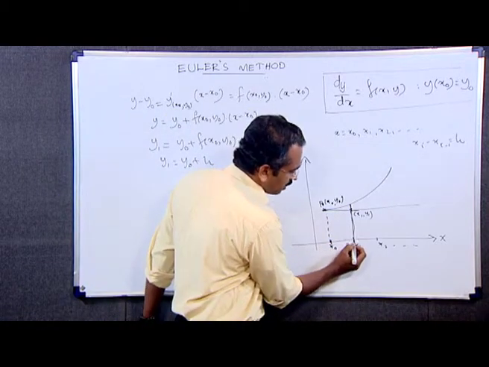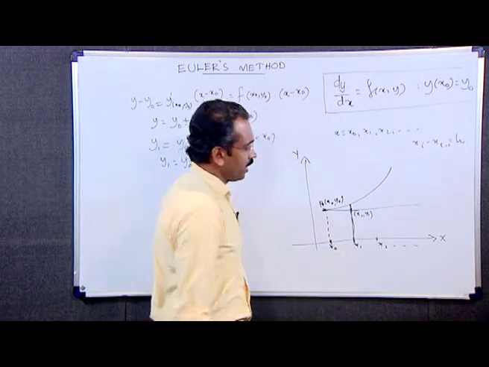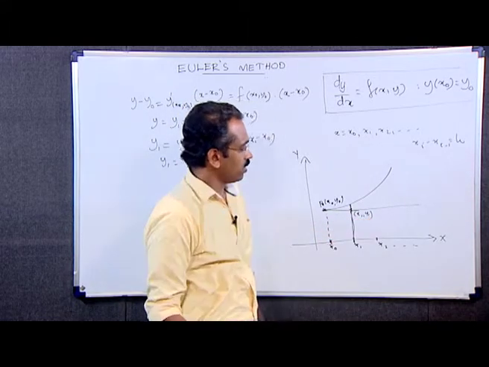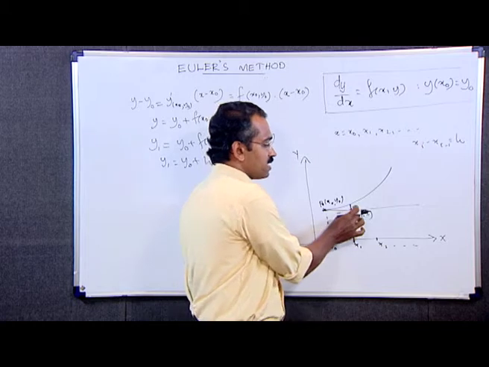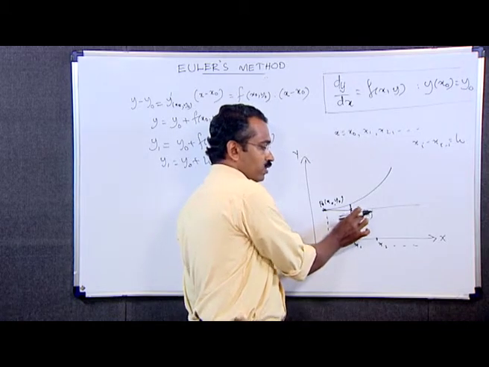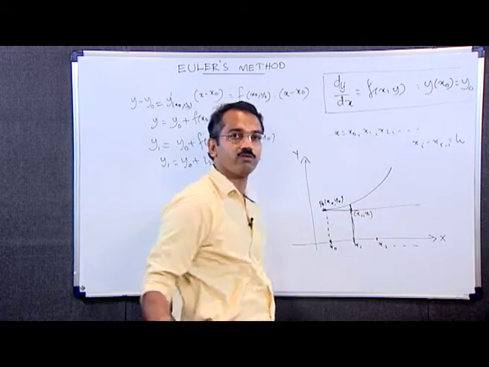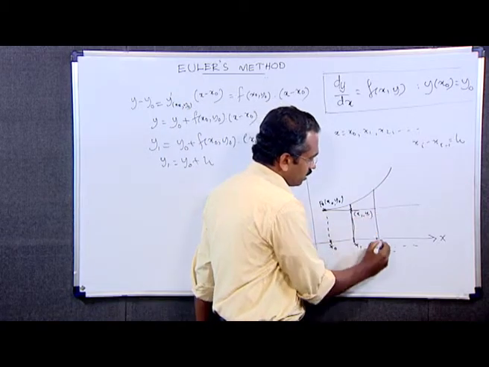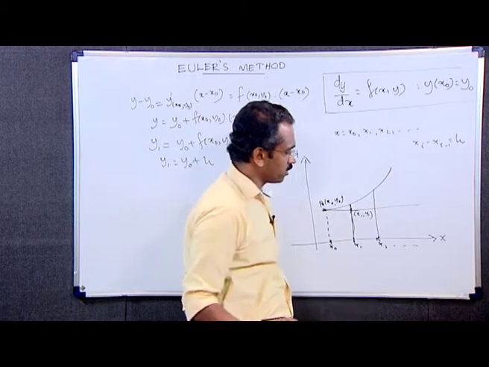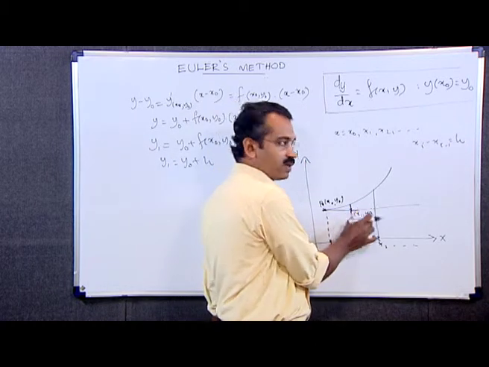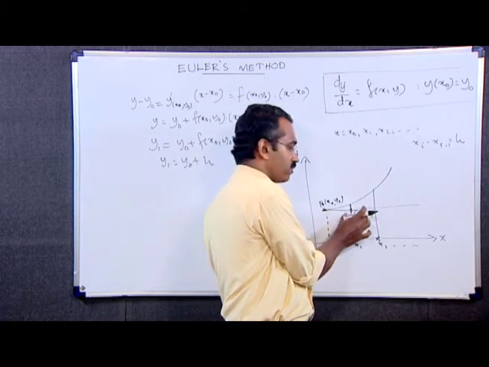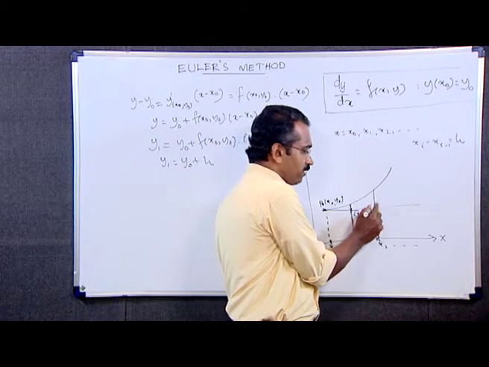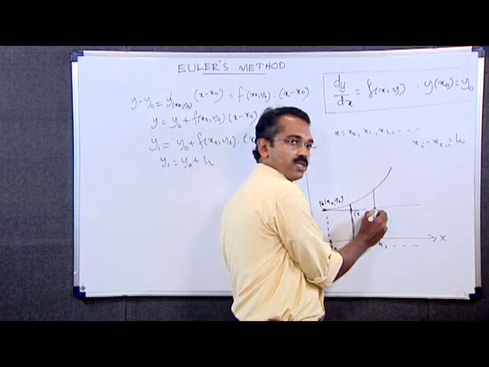Similarly, consider this interval and we evaluate f of x 1, y 1. Then we draw a tangent, a line through x 1, y 1 having slope f of x 1, y 1, which will intersect this line corresponding to x is equal to x 2. Then from the equation of the line whose slope is f of x 1, y 1, we find the corresponding y 2.